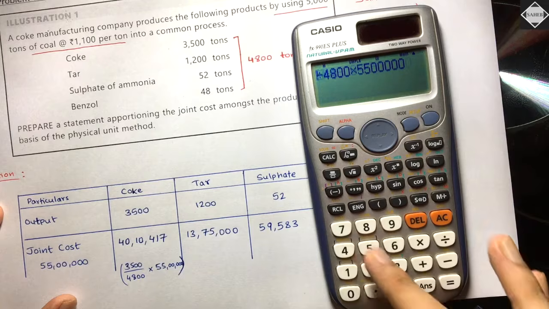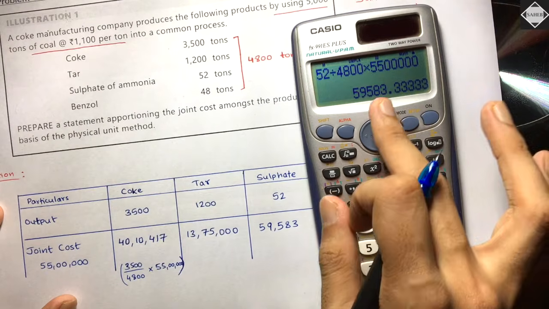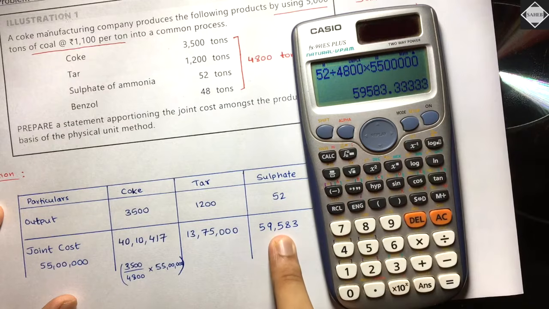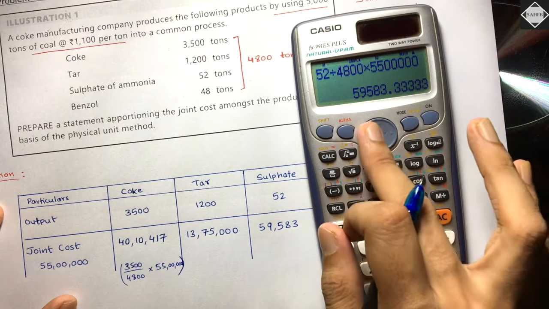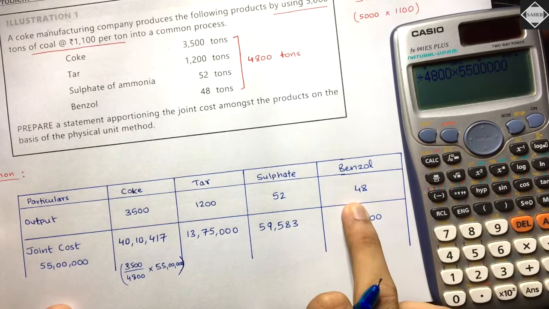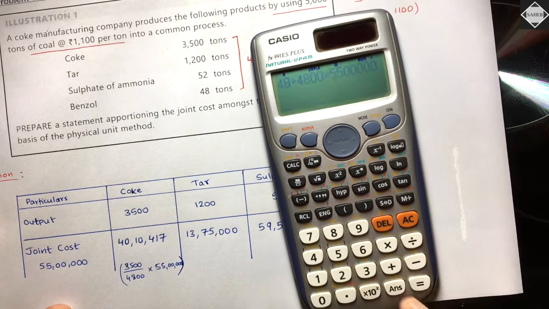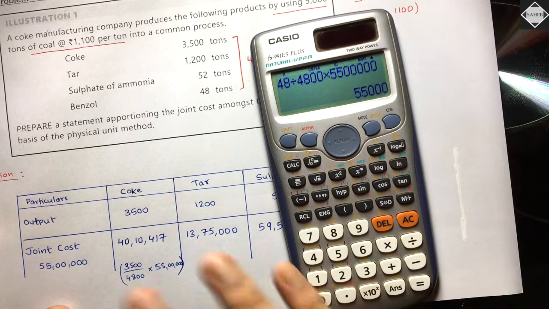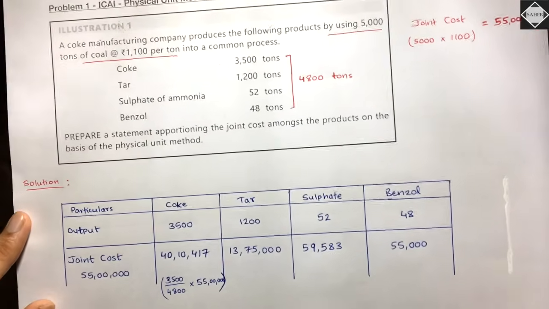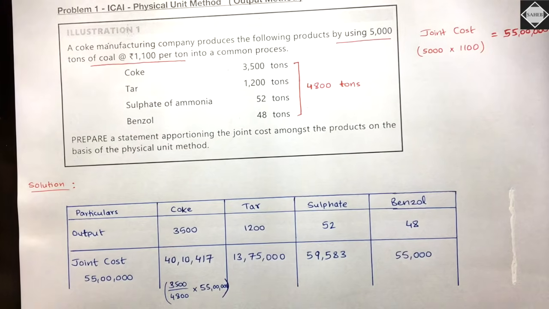Here we have 52 divided by 4800 into 55 lakh, that's equal to 59,583. Clear? Easy. And then next, for benzol we have 48, so 48 divided by 4800 into 55 lakh, that's equal to 55,000. So this is how you have to do this. It's really simple. So there was nothing over here. Just follow this way.